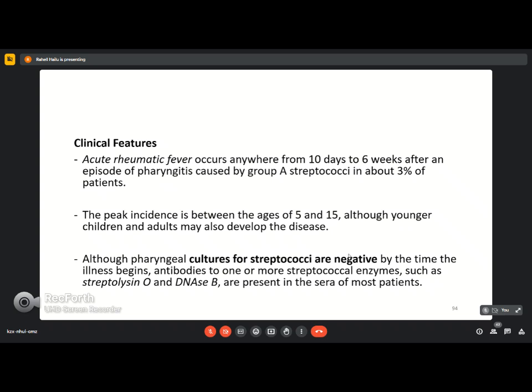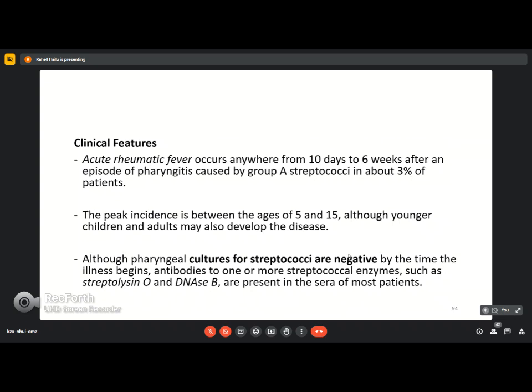Rheumatic fever occurs clinically. The first manifestation is just tonsillopharyngitis. It lasts a couple of days and then heals, and then 6 weeks after that you will see some manifestation of rheumatic heart disease. The immune reactions are more limited.